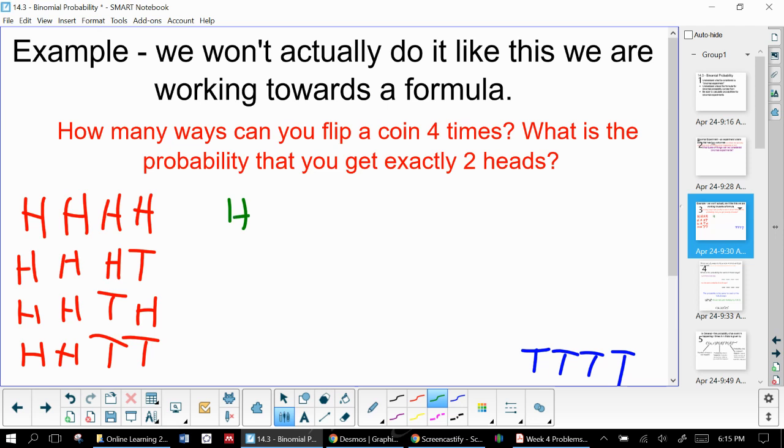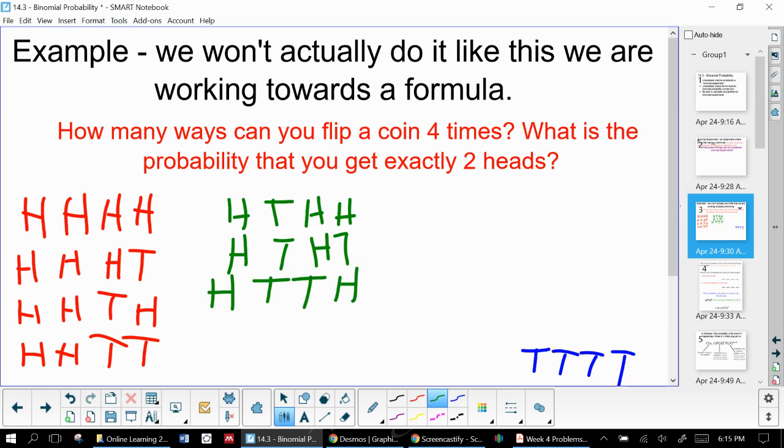So if I went heads, tails, heads, heads, and then heads, tails, heads, tails, heads, tails, tails, heads, and heads, tails, tails, tails.